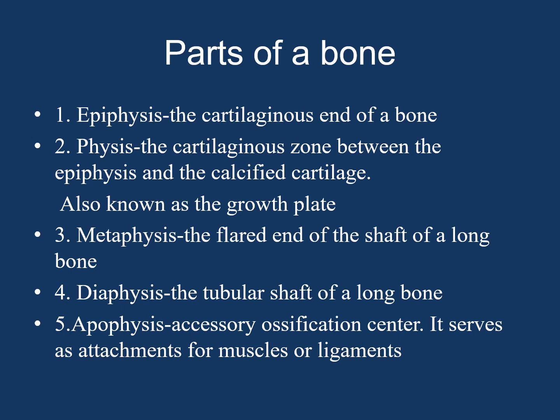Metaphysis, the flared end of the shaft of a long bone. Diaphysis, the tubular shaft of a long bone. And apophysis, the accessory ossification center. And it serves as attachments for ligaments and muscles.